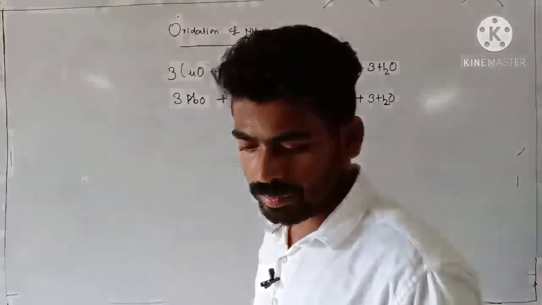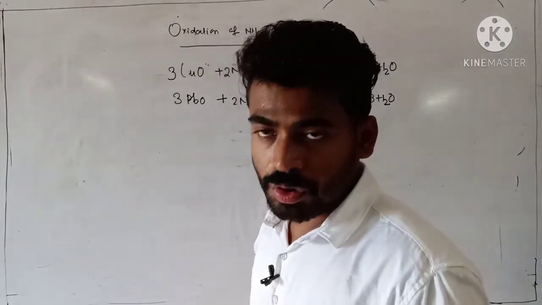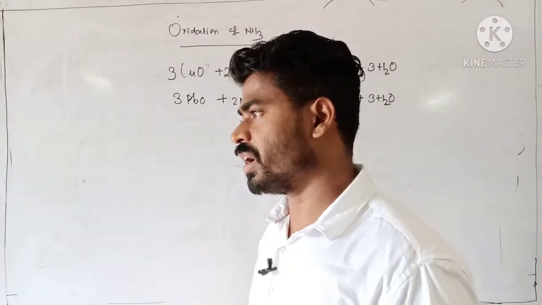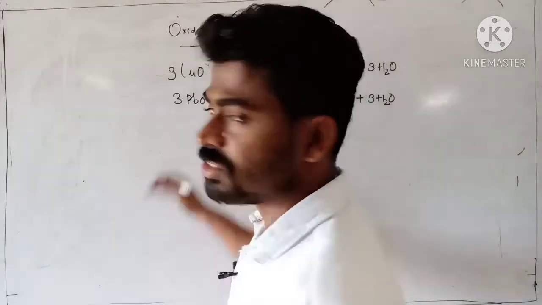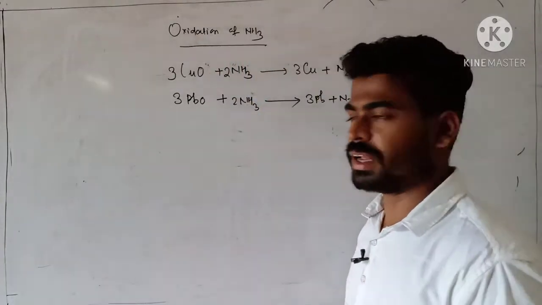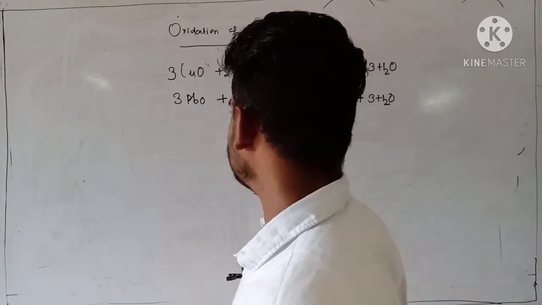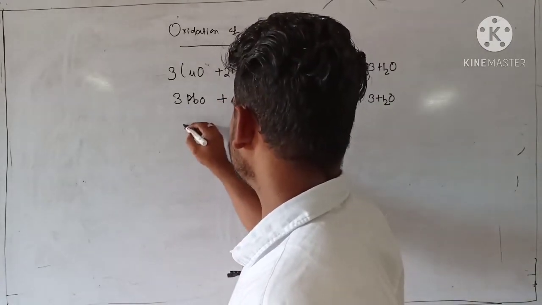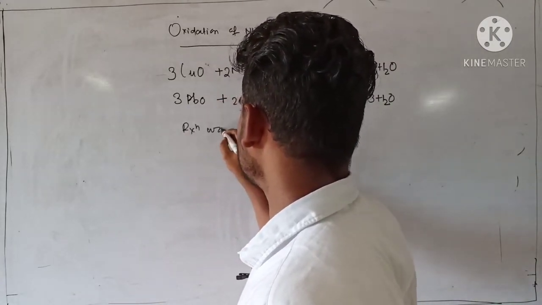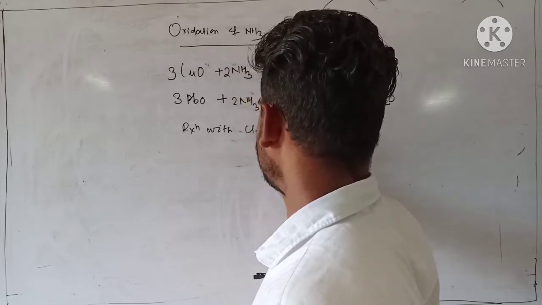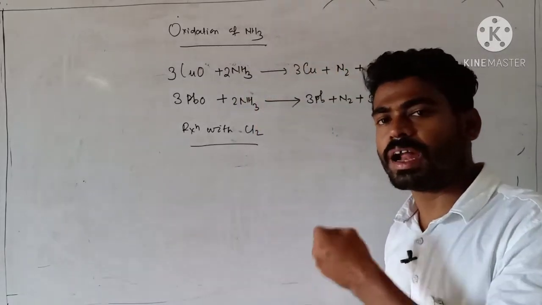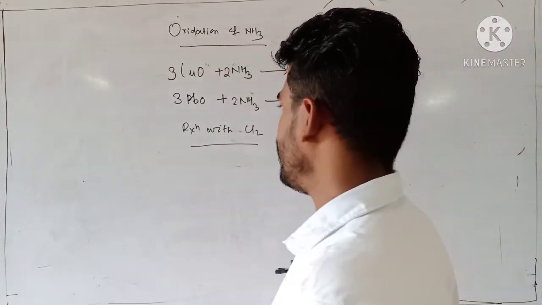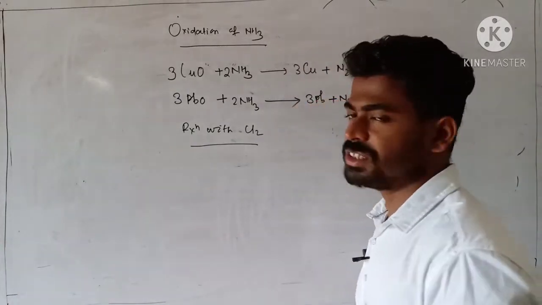Next, there are two important reactions that you have to use. Addition of any electronegative element is an oxidation process, that is reaction with chlorine. Chlorine is more electronegative in nature, so if it adds to nitrogen, then definitely that is oxidation of ammonia.